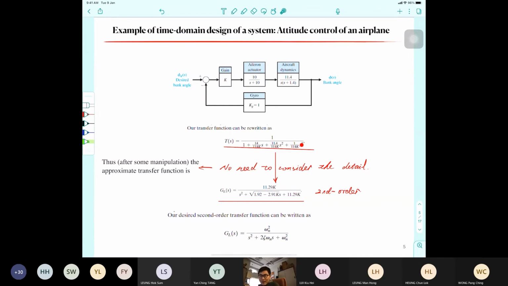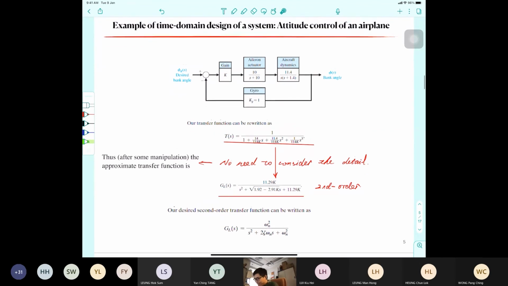Actually, we can simplify this system as a second order system, because for a second order system, we know it better. We have a systematic design strategy, right? We know the detail of a second order system.